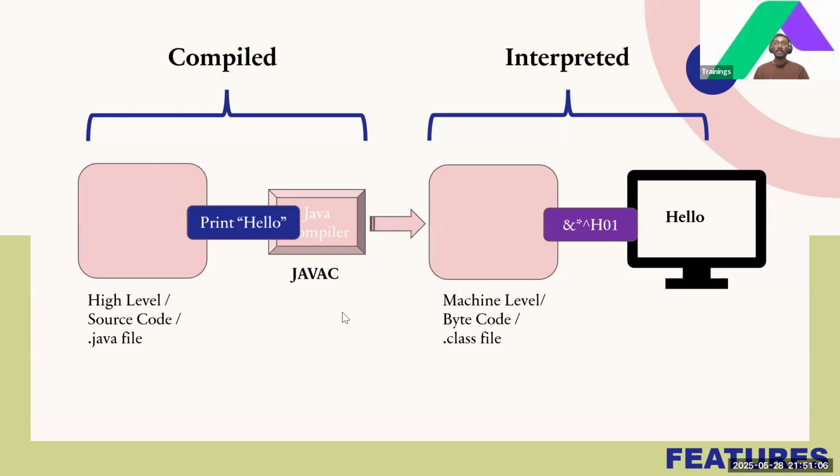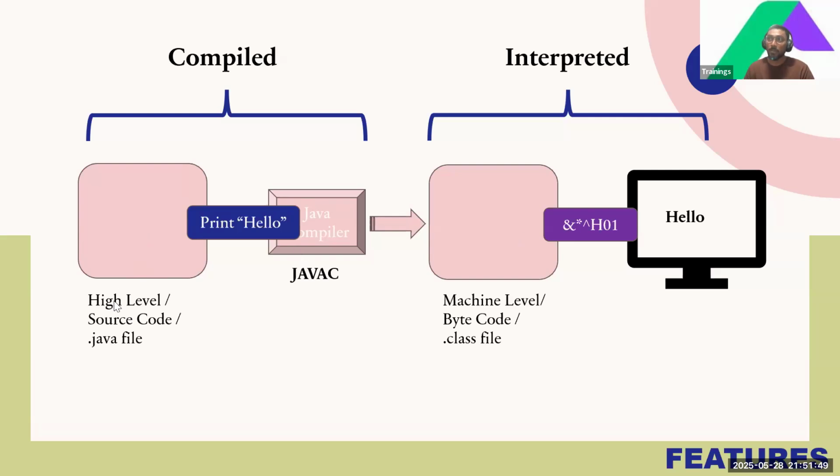So compiled and interpreted means we write the code in a high level language. I hope you got your question answered, right? Compiled and interpreted means we can write the code in high level, but the machine will not understand high level language. The machine only understands low level language. So we need someone who can translate high level to low level. Java has its own compiler called the Java compiler.